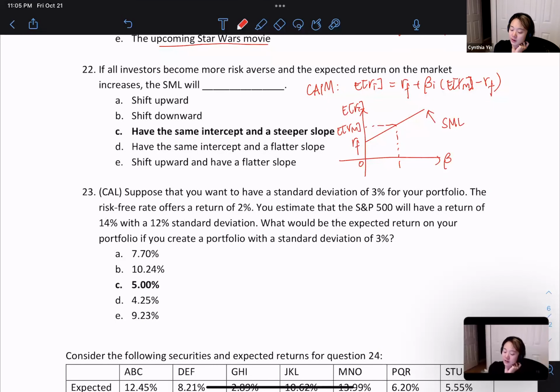If investors become more risk averse, meaning they require more risk premium, it's equivalent to say that expected return on the market increases, meaning this one increases. Then what's going to happen? This SML is going to go here.